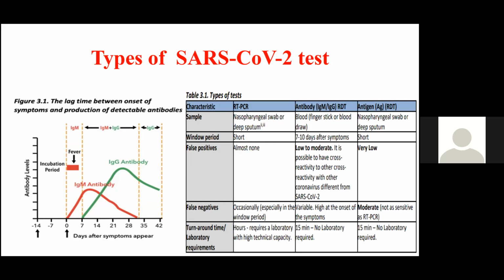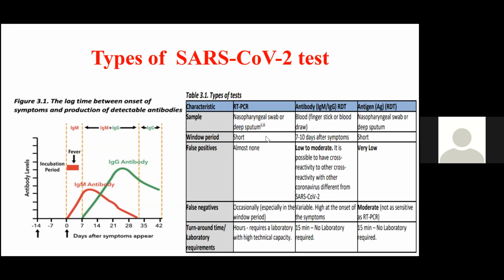It's why some tests have to be completed with PCR to know if it's a true positive or a false negative. Most of the time we do a nasopharyngeal swab or deep sputum, and for antibodies or antigen, we may use blood or also the swab.